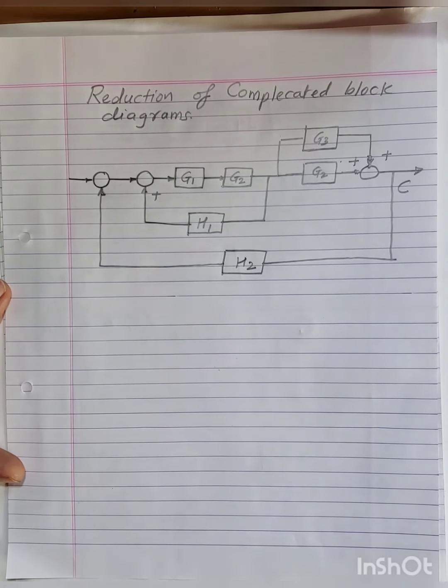Step 3. Eliminate all minor feedback loops using transformation 4. Step 4. Shift summing points to the left and take off points to the right of the minor loop. Step 5. Repeat steps 1 to 4 until canonical form has been achieved for a particular input.